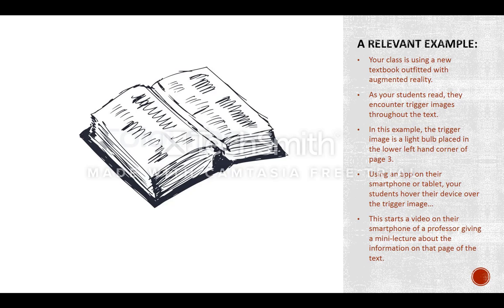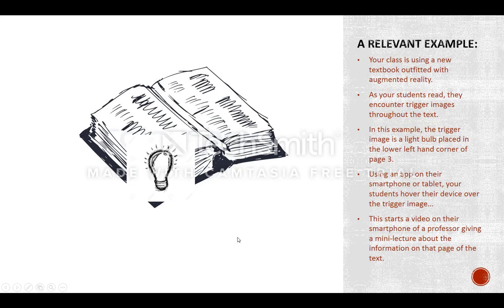A relevant example might make this a little less abstract, although this is animated, so we'll see how this works. Let's assume that you're using a new textbook in your class that has already been outfitted with augmented reality. As your students read, they encounter trigger images throughout the text. In this example, the trigger image is a light bulb.